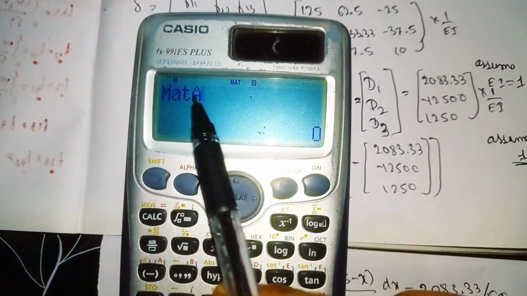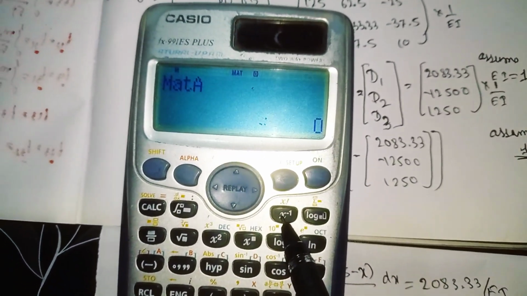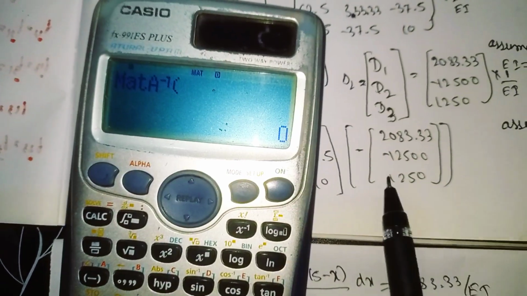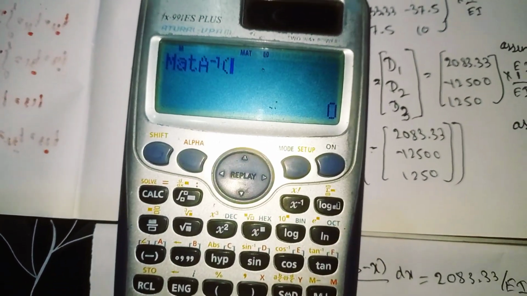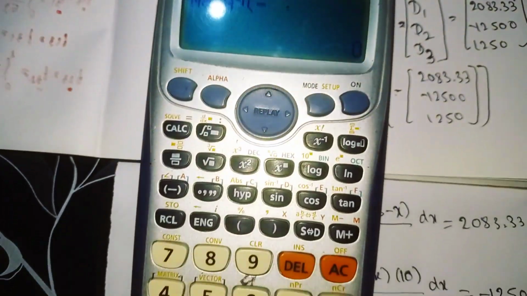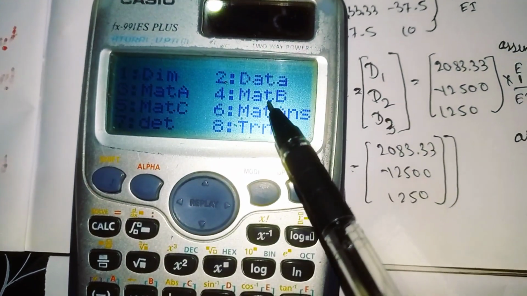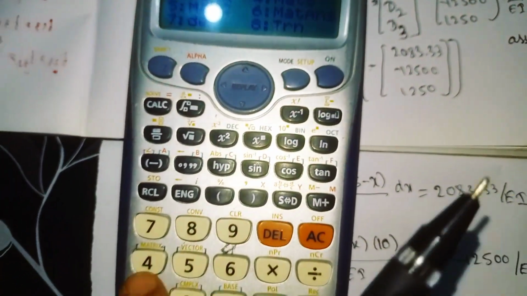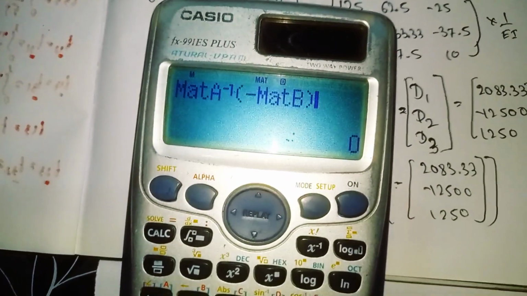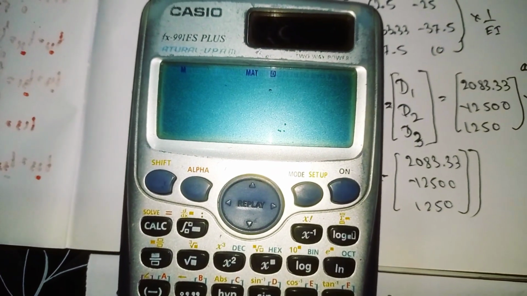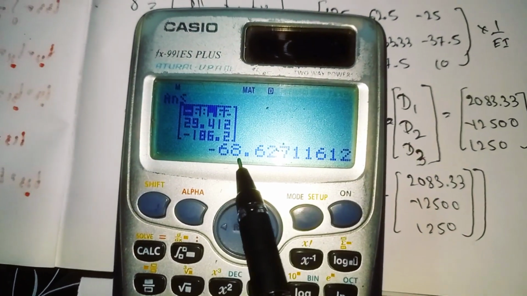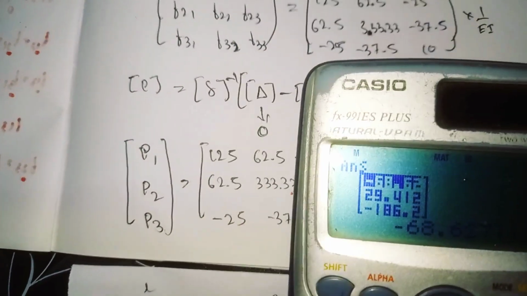Here matrix A came. Now we need to take the inverse of this, so press this one, then into minus 1 into matrix B, which is shift 4 again. Press 4 here and close the bracket. Now solve it, and our P matrix will come. See here, minus 68.62 is nothing but our P1.